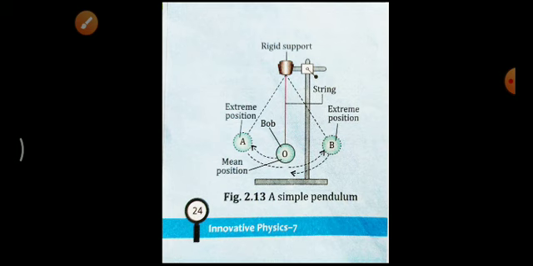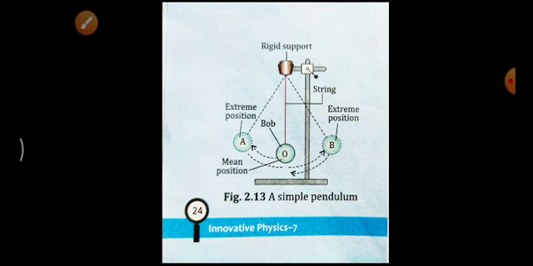Before starting the experiment, let us revise the different parts of the simple pendulum. In figure 2.13 you can see a metal bob at rest at its mean position, hanging from a string, with the other end of the string attached to a rigid support.